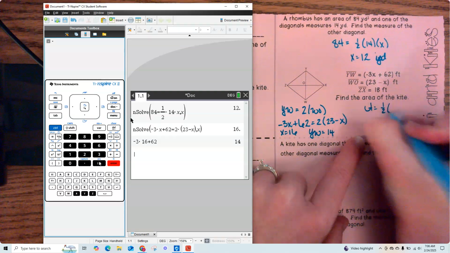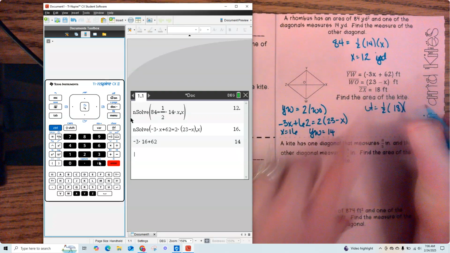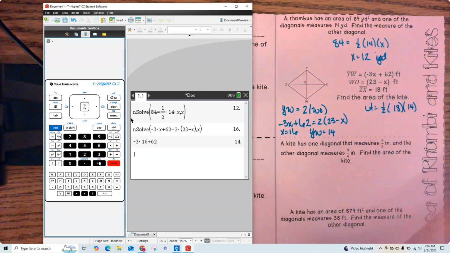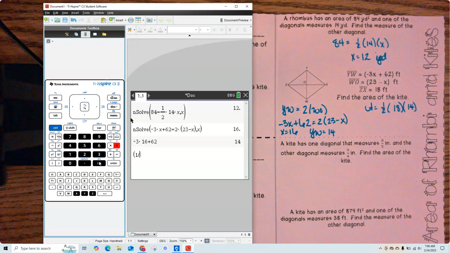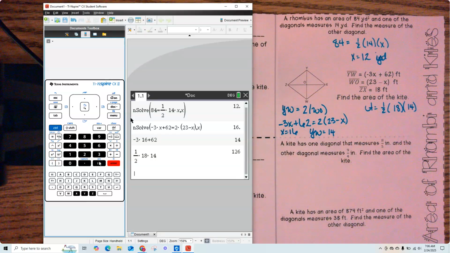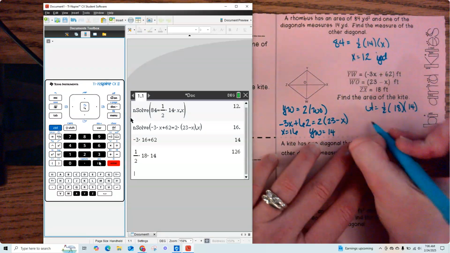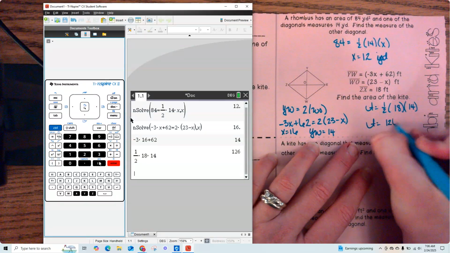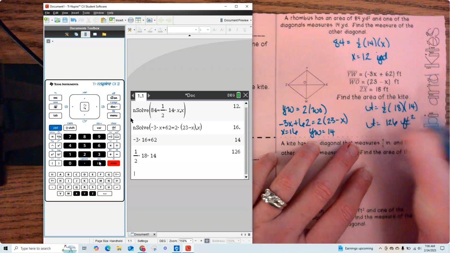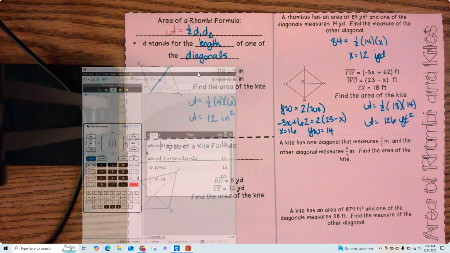Area equals half of one diagonal times the other diagonal. And so my area is going to equal 126 feet squared.